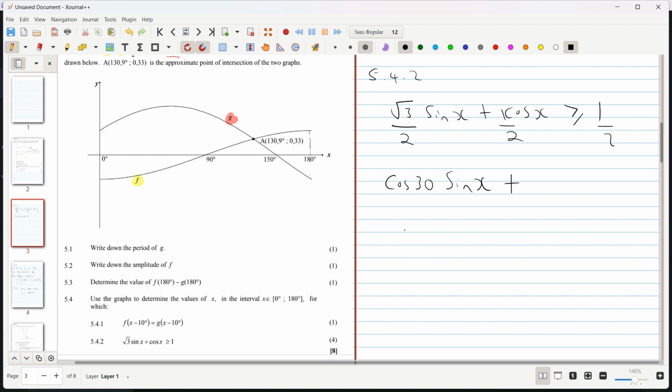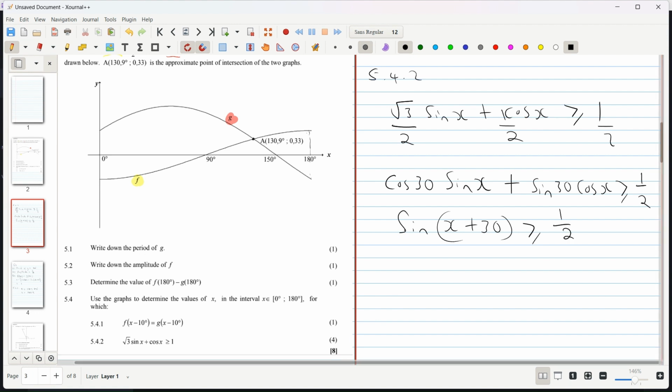So instead of writing half, we can just say sine 30 degrees cos x greater than or equal to a half. Now that we have our compound angle here, we can reduce it. So this is the same as sine x plus 30 greater than or equal to half.